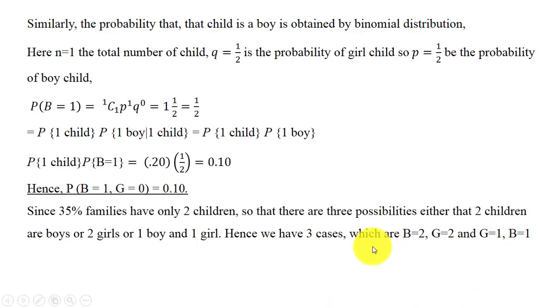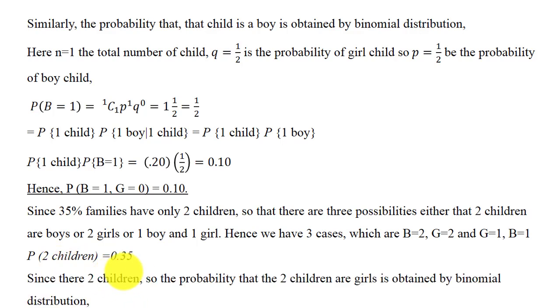Okay, so we have to consider all these three cases while evaluating the probability for such families which have two children. So it is given that 35% of families have two children. So the probability of two children in the community is 0.35.